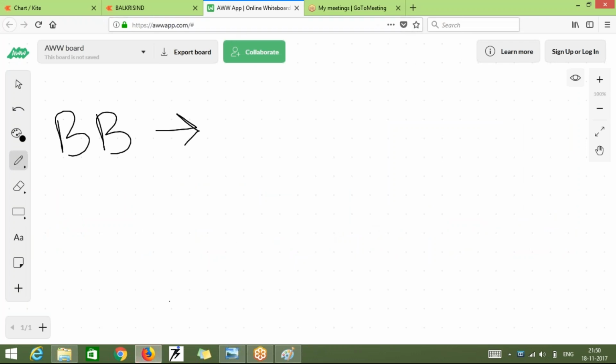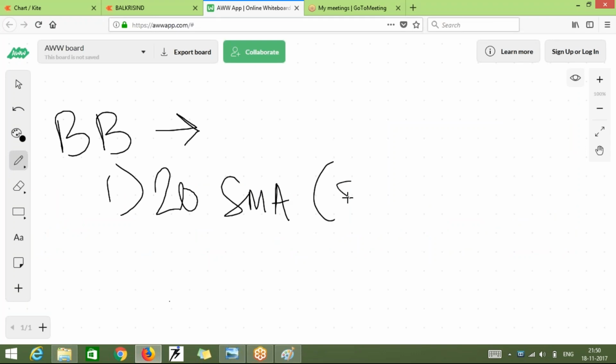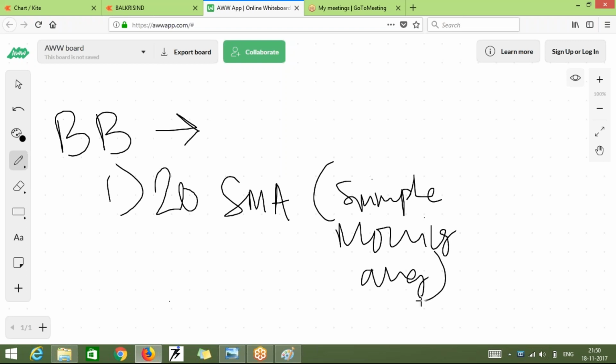Now let's take the first one. This is the middle band, which is 20 SMA. It is simple moving average. There might be a question like why a 20 SMA is taken.